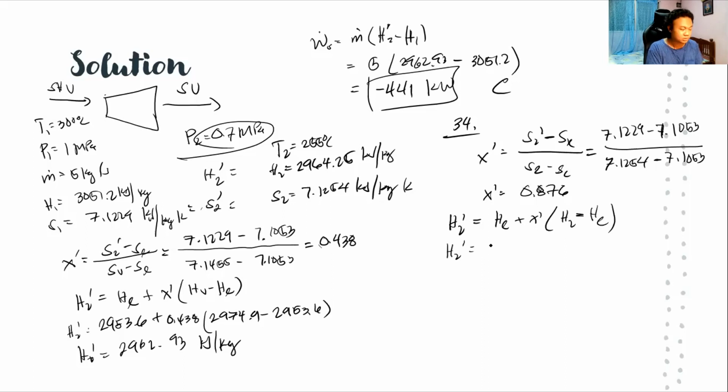H2 is equal to 2953.6 plus 0.876 times 2964.25 minus 2953.6.